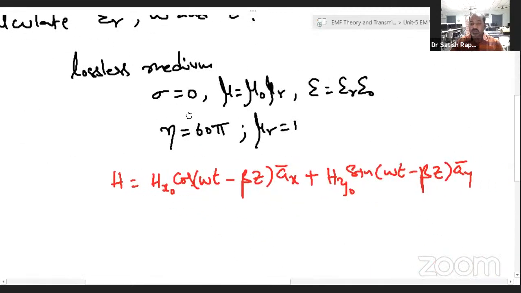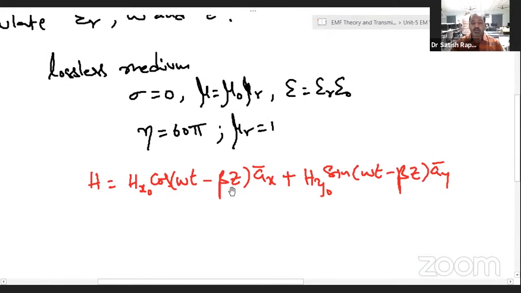The given magnetic field component is in this form, where Hx naught is the amplitude of the magnetic field in the x direction, and Hy naught is the amplitude of the magnetic field in the y direction.